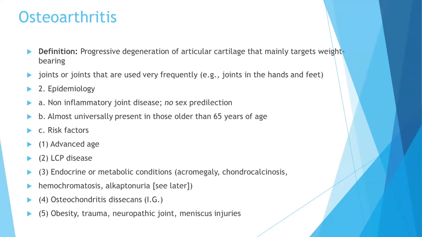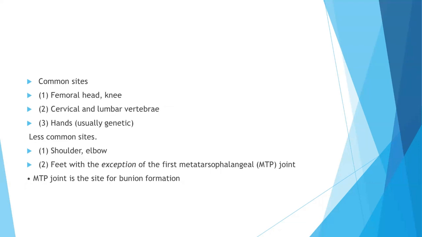The risk factors may be advanced age, endocrine or metabolic conditions like acromegaly, chondrocalcinosis, hemochromatosis, osteochondritis dissecans, and sometimes obesity or trauma, like obesity in our patient, neuropathic joint, and meniscus injuries. The common sites include the femoral head, knee, cervical and lumbar vertebra, and hands.